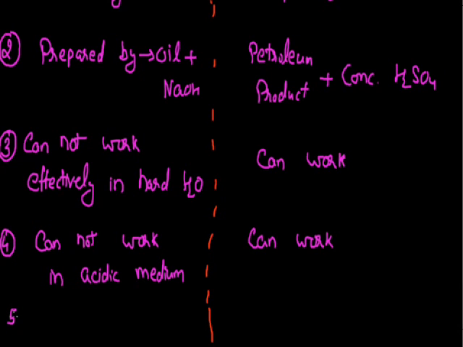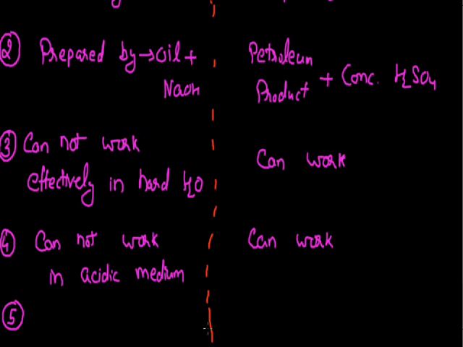Now the last difference between these two shows the advantage of soaps over synthetic detergents. If I talk about the nature of these soaps, they are biodegradable substances, and since they are biodegradable, they can be considered eco-friendly, and they are not as harmful as synthetic detergents are.